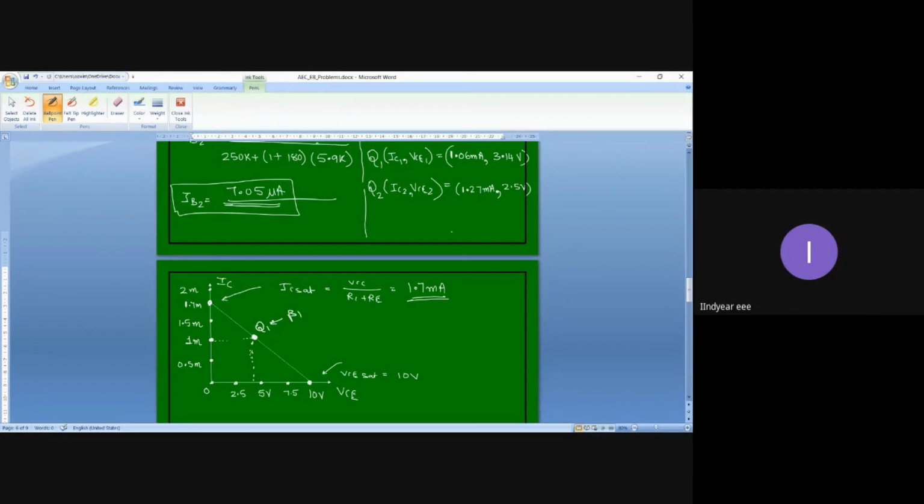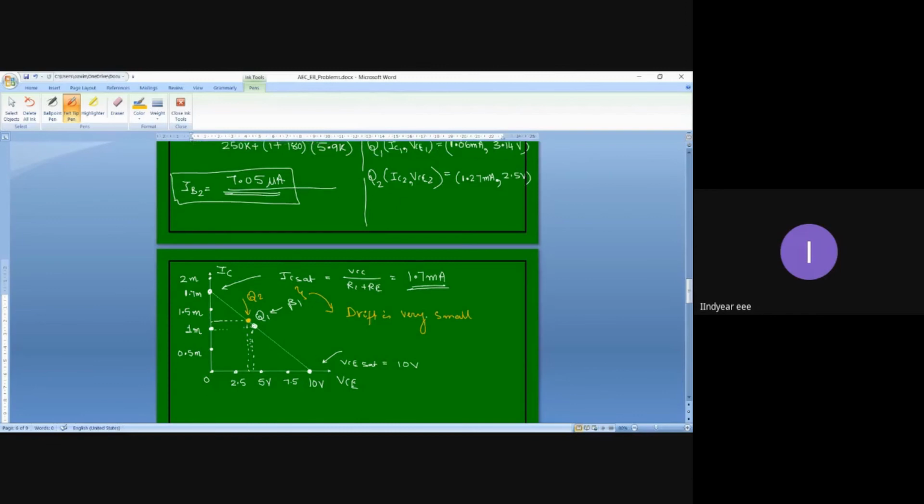Then you have 1.27 and 2.5, somewhere here: this is Q2. So the drift is very small.